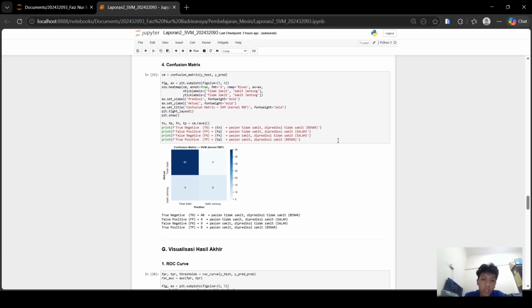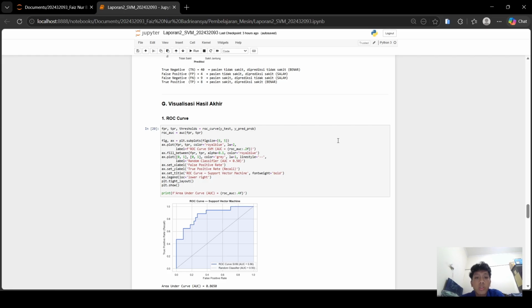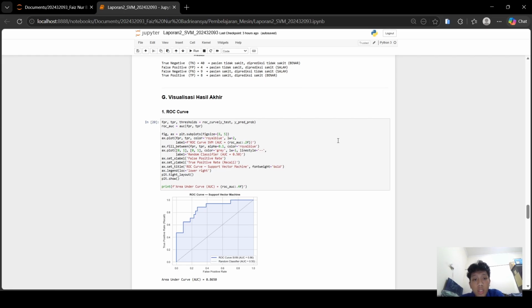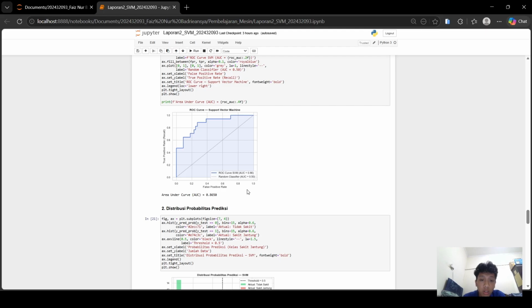We have a true negative of 40, and a false positive of 4, and a false negative of 9, and a true positive of 8. And the next visualization is the ROC curve, with an area under the curve of 86%.